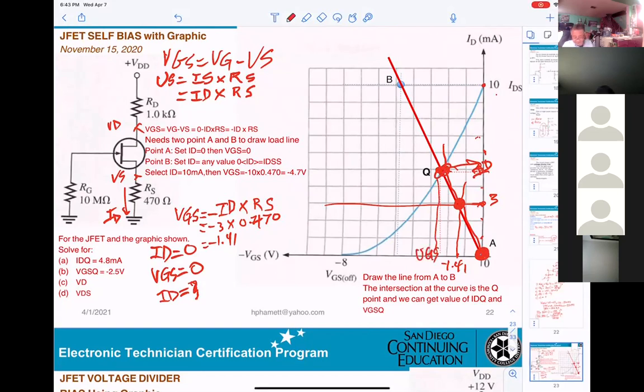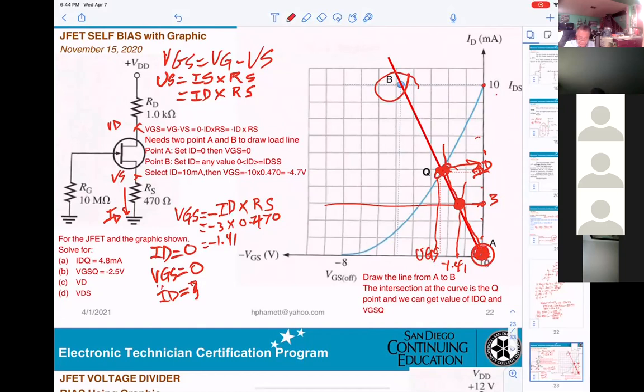Anyway, for the self bias, normally they give a graph to solve the problem, not really a detailed calculation. In order to draw the graph, you have to get 2 points. One point you can call A, another point you can call B. At point A, ID is 0, so you get VGS 0.